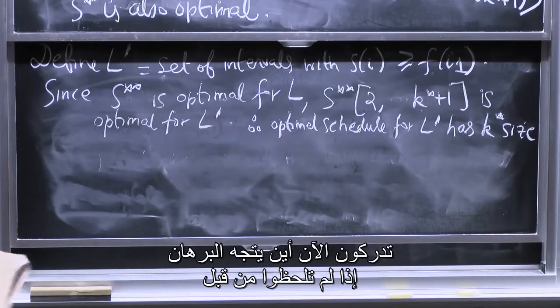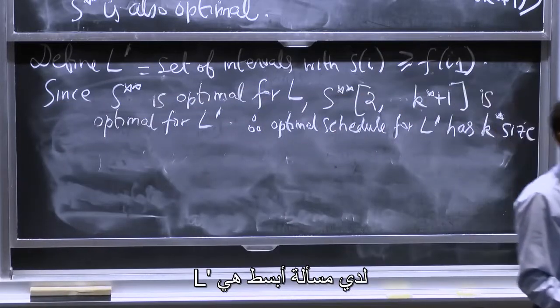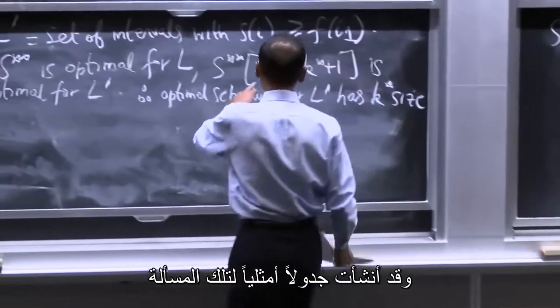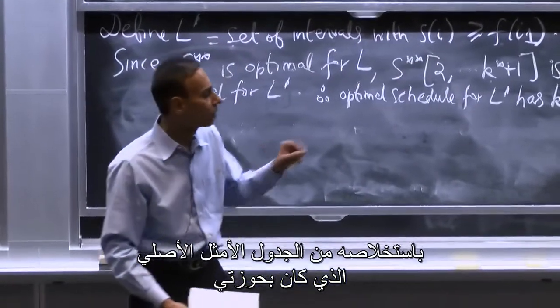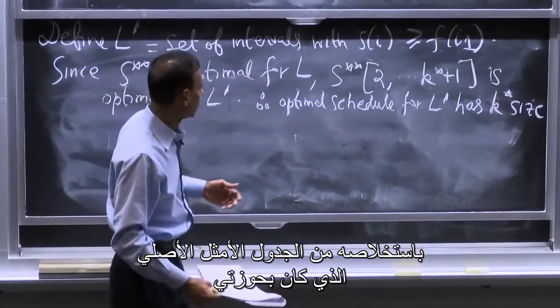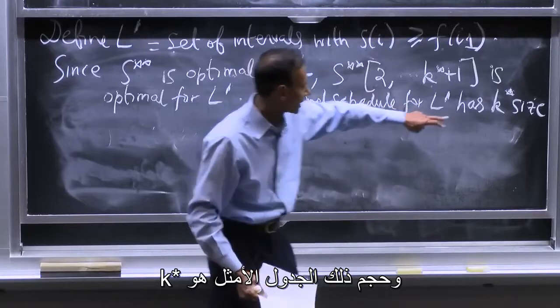Now you see where the proof is headed, if you didn't already. I have a smaller problem, which is L prime. Clearly, it's got fewer requests. And I have constructed an optimal schedule for that problem by pulling it out of the original optimal schedule I was given. And the size of that optimal schedule is k star.